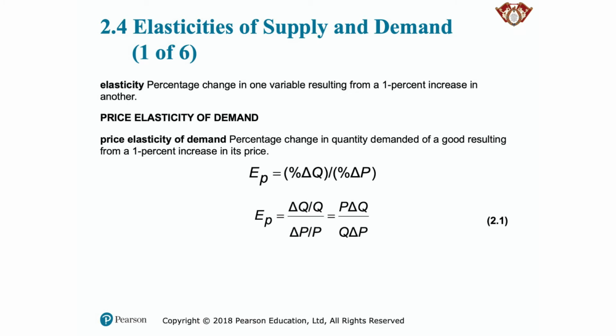Price elasticity of demand is the percentage change in quantity demanded of a good resulting from a 1% increase in its price. So when price increases by 1%, how many percent does quantity demanded change? Replacing this, we can get this one. I already explained this.